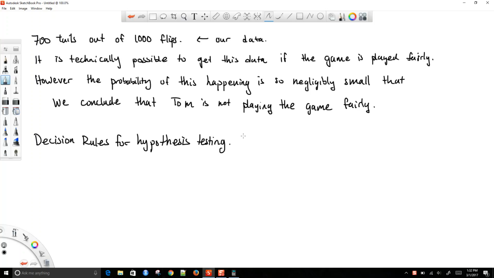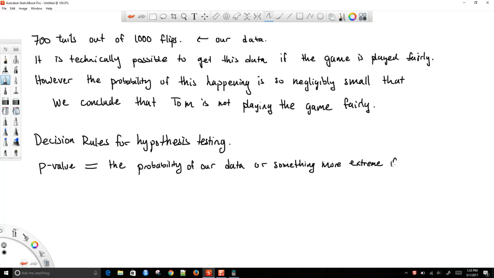What we do is we calculate the p-value, which is the probability of our data, or something more extreme, if the null hypothesis is true.